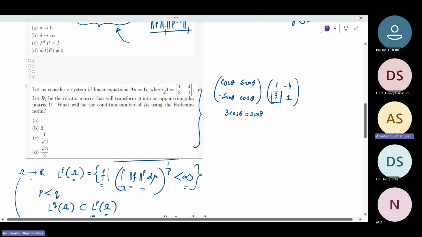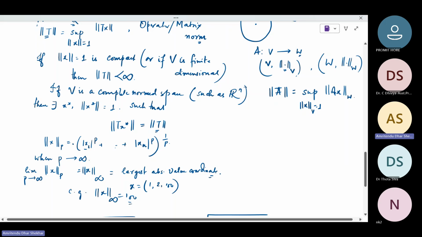You'll be solving for this, and that gives you the value of theta. And from there, you will get the matrix R2. Once you have the matrix R2, you just compute the condition number of R2. That's just how you do it. Okay, these are all computational problems.